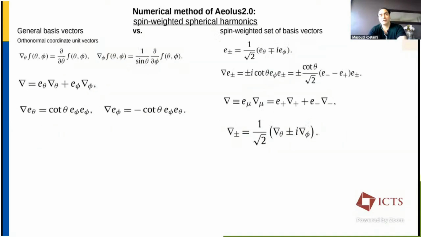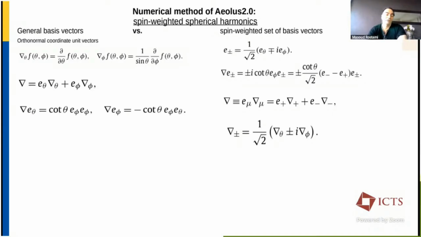One other advantage is that we are not using the classical coordinates here. We are using spin-weighted spherical harmonics, which means each basis vector is a combination of E theta and E phi. Once we switch to spin-weighted spherical harmonics, gradients are regular, because otherwise you have singularities over the poles of a sphere.